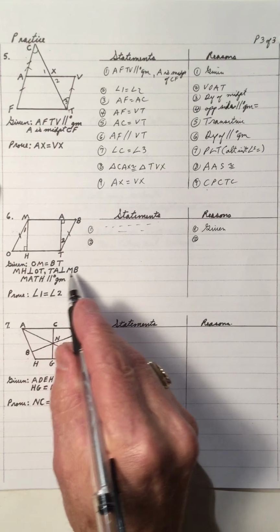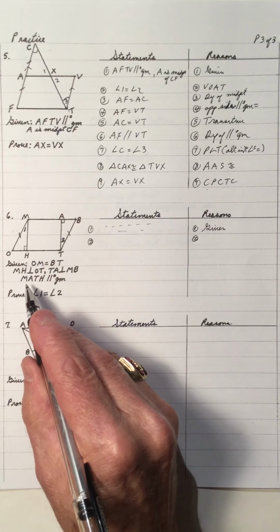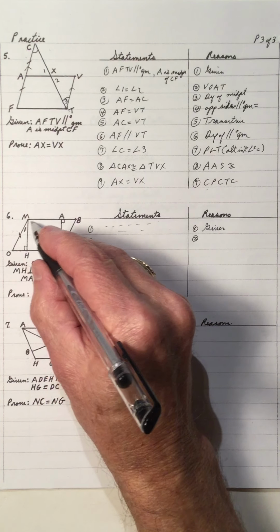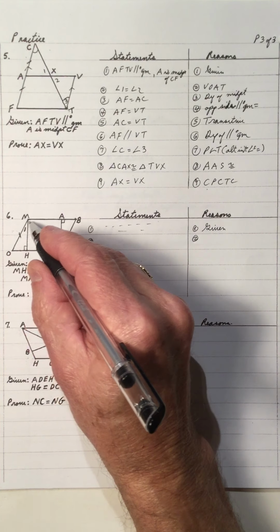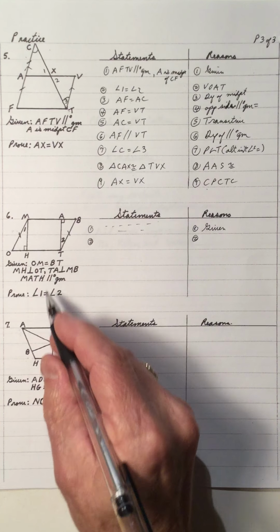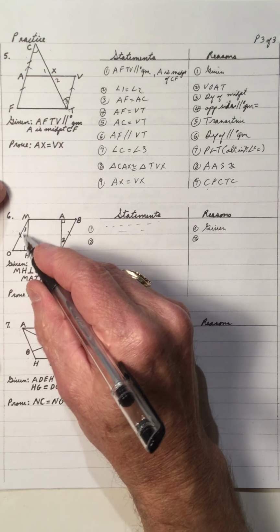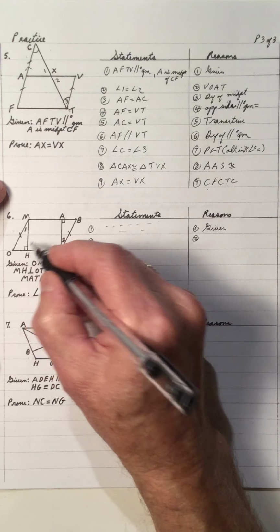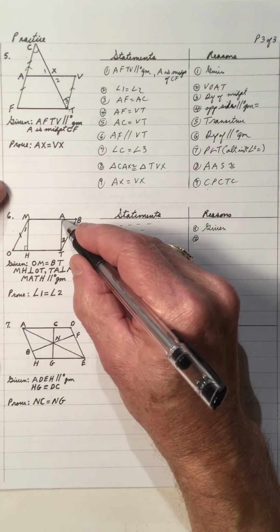And say, why did they give us that? And MATH is the parallelogram. So this is the parallelogram right here. So how am I going to get angle 1 equals angle 2? Well, probably looks like they're in these two triangles here. OMH and BAT.